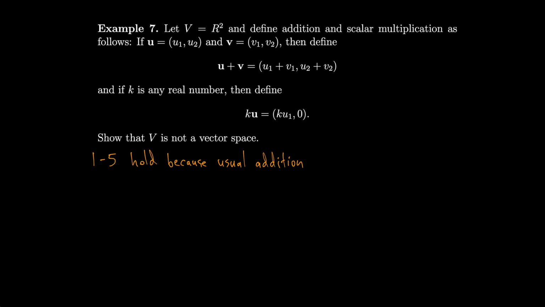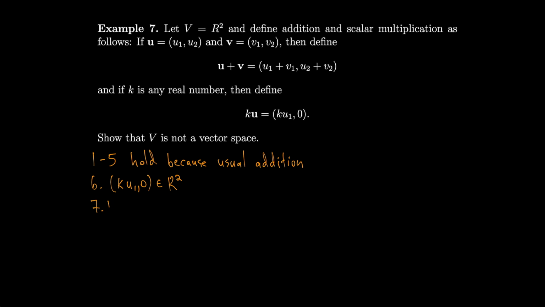So let's look at number 6. If we take k times u1, 0, that's just ku, then that's going to be in R2. So 6 holds, because it doesn't matter that there's a 0 there. All the vectors with 0 in the second component are vectors in R2.